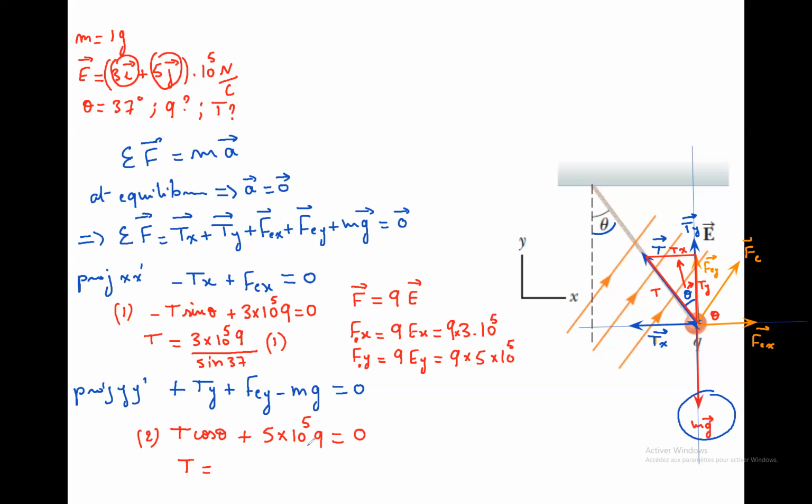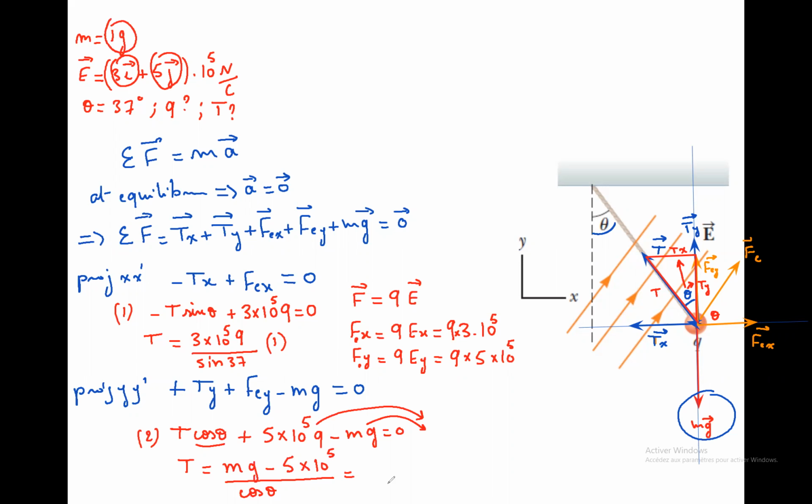we don't forget here mg. Okay, here we have mg. Here T plus 5 minus mg equal to 0. Okay, T equal, we put this one here and mg here, equal mg minus 5 times 10 power 5 divided by cosine theta, where m is equal to 1 gram.